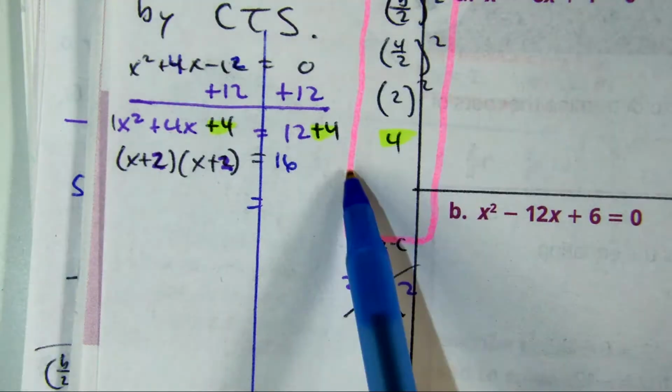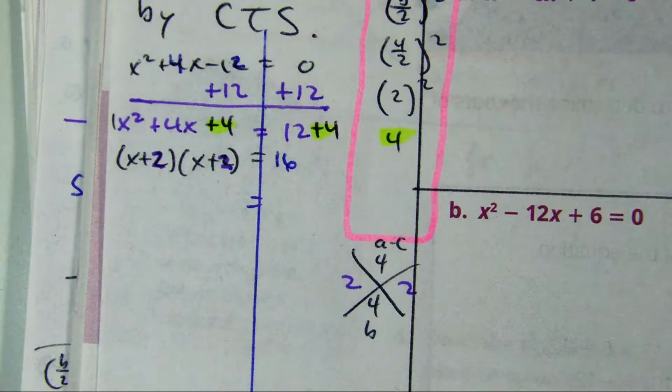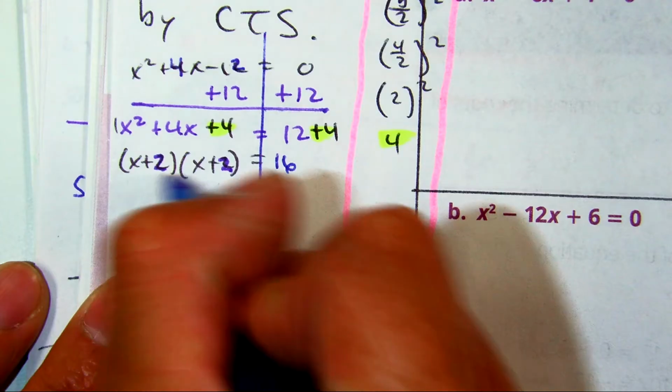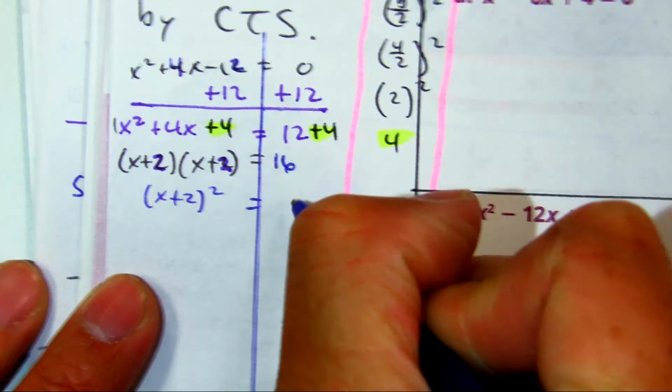That's what Jenny did. Right? We added 4 to both sides. Something about binomials. So I have the same expression. That would be x plus 2 squared equals 16.